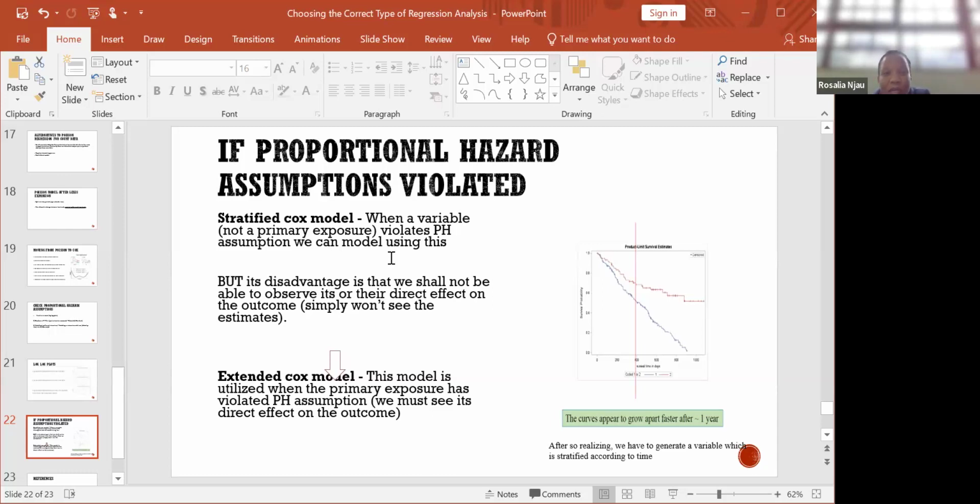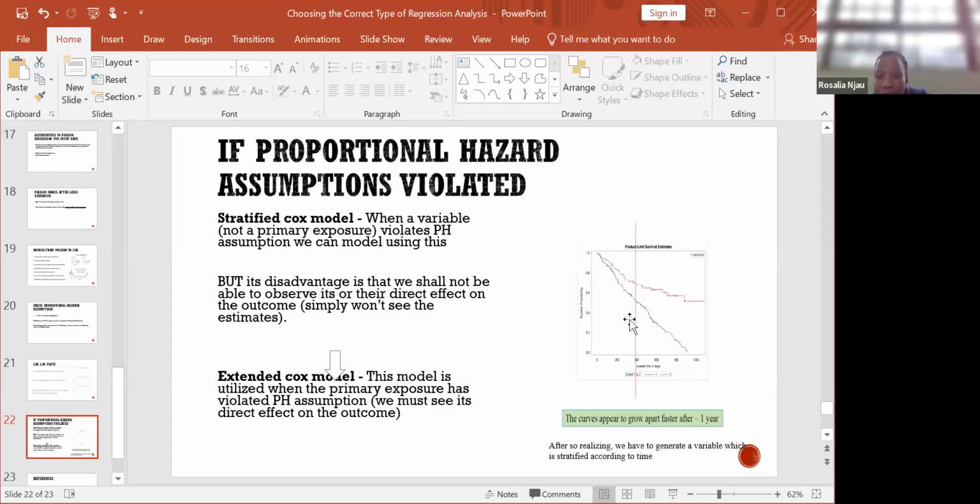So that is the disadvantage, and so we can then use an extended Cox model. This model is utilized when the primary exposure has violated the proportional hazard assumption. We must see its direction of effect on the outcome.